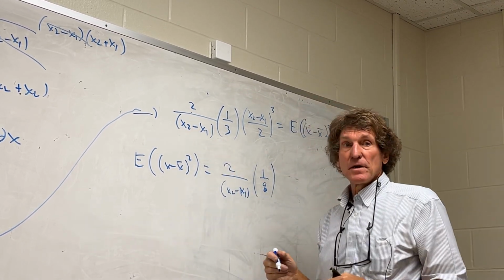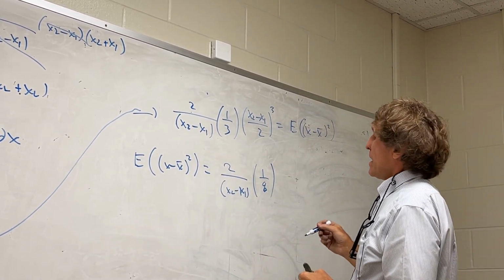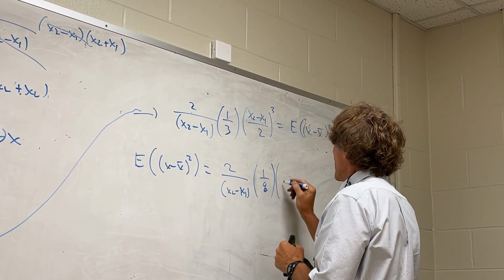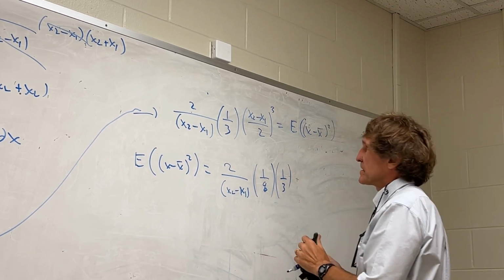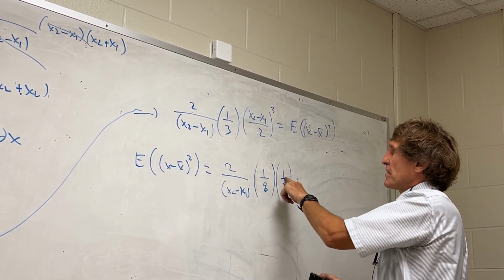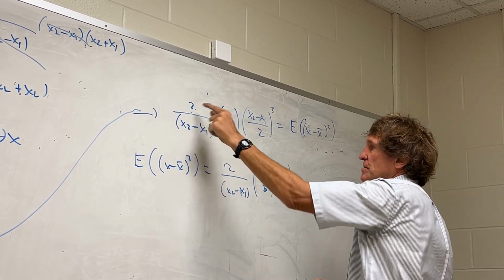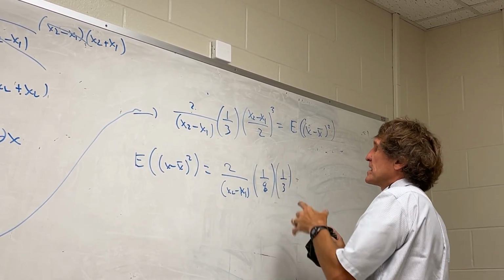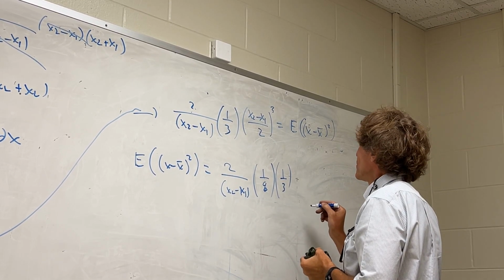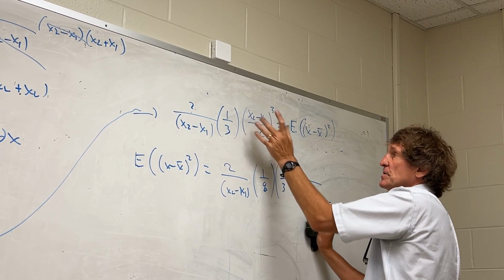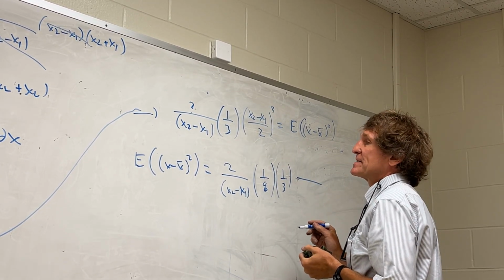You all with me on what I did? I got 1/8 and I got 1/3 here. I better put the 1/3 back in or I'll mess up. Taking the 1/2 cubed as 1/8, there's a 2 here. Now, if you look at this, x2 minus x1 cubed, can you all see that one of these cancels? So now I have x2 minus x1 squared.